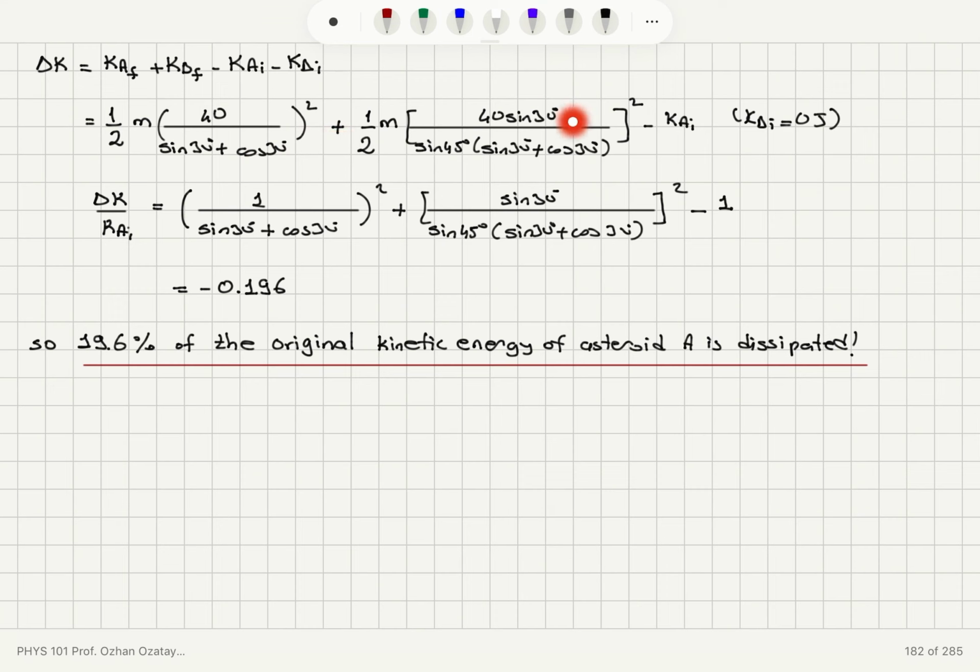So writing this equation and dividing it by 1 over 2 m 40 squared, which is KA initial, basically the 40, m's and 1 over 2's disappear, and this becomes minus 1, and this numerically is minus 0.196, so delta K over KA initial is minus 0.196. If you multiply it by 100, we get the percentage of the original kinetic energy of asteroid A that was lost during the collision.